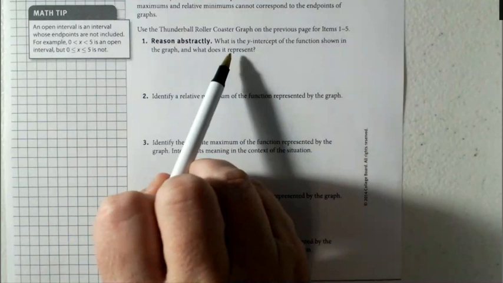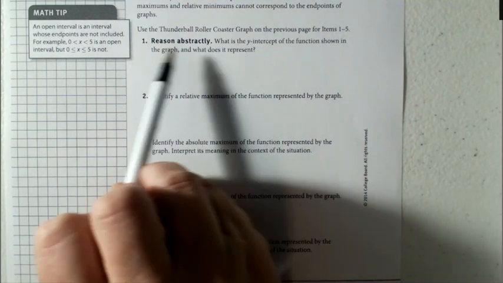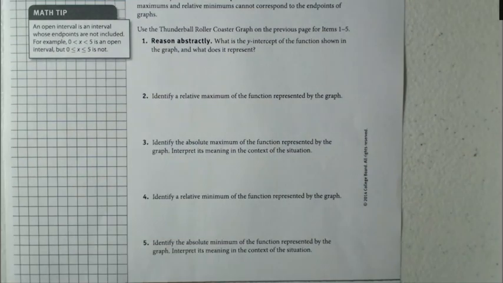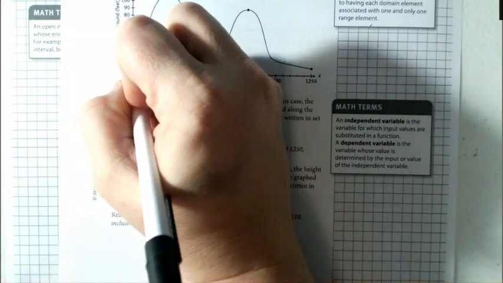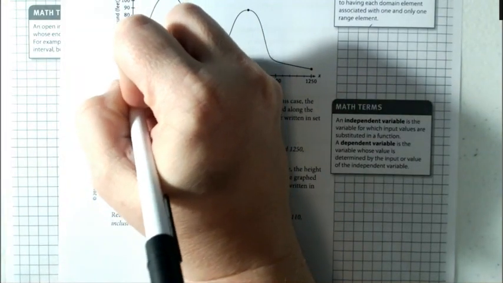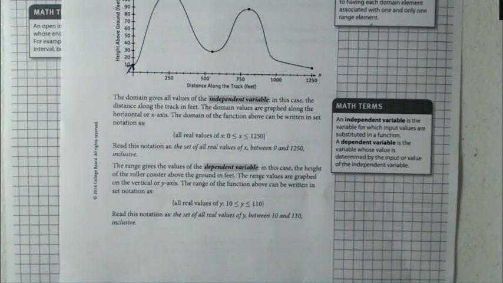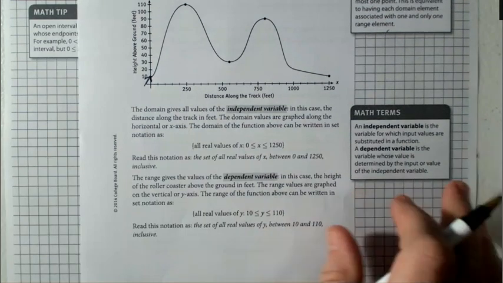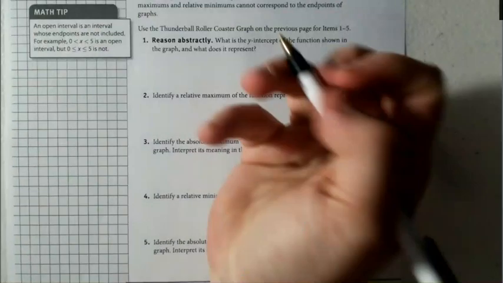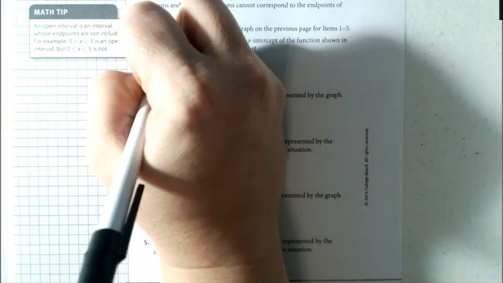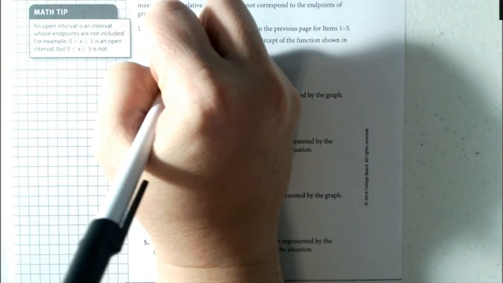Number 1 says, what is the y-intercept of the function shown in the graph and what does it represent? Well, the y-intercept is where it crosses the y-axis. So that is saying that at 0 distance along the track, we're at 10 feet above the ground. So the y-intercept is (0, 10).